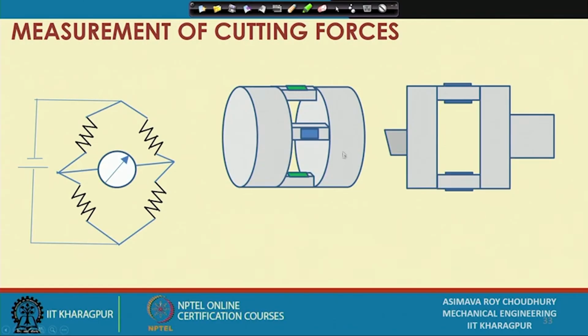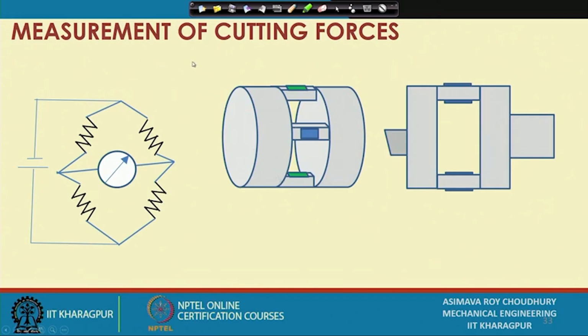For example, in this particular shell type structure, as you can see, the front body and the rear body are connected by some horizontal beams. The whole body is integral.